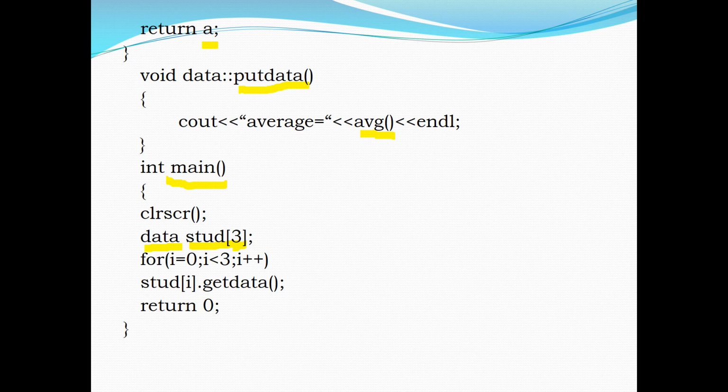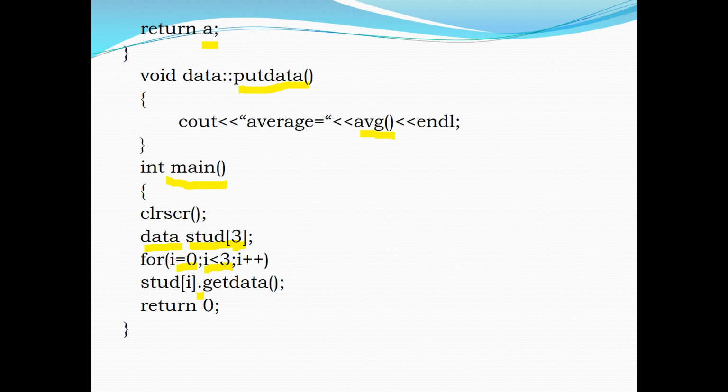Once an array is used, usually you have to use a for loop: for i equals 0, where the first index starts with 0, till i is less than 3, so that 3 objects are accessed. To access the data members or member functions, we use the dot operator.